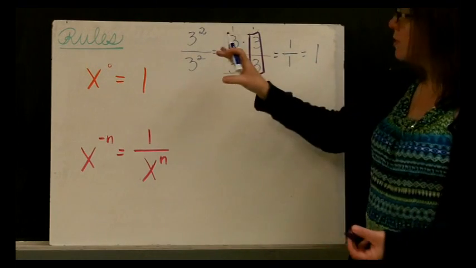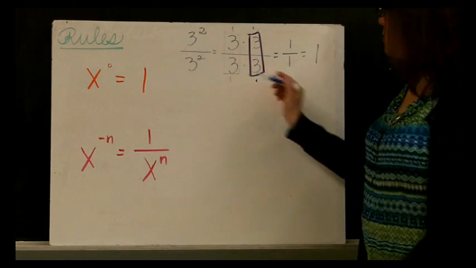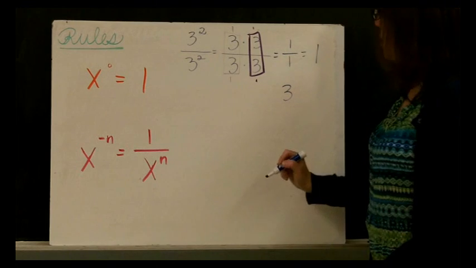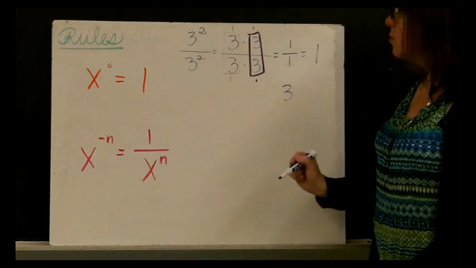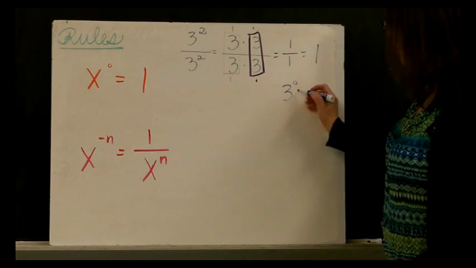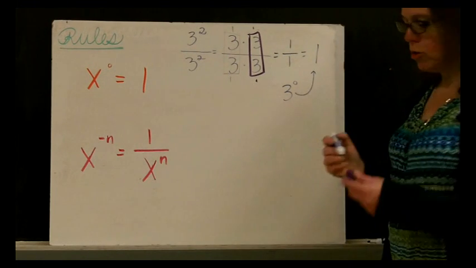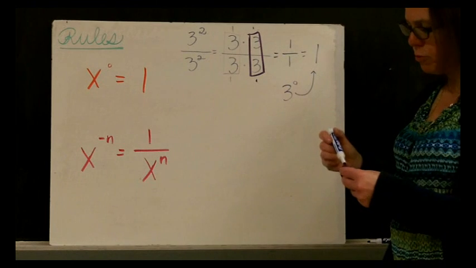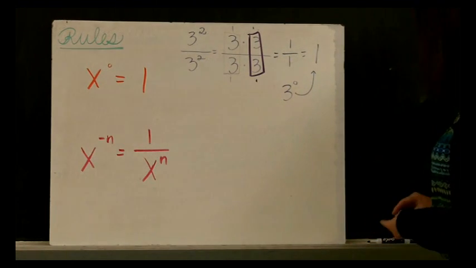So before, when we did the shortcut, where we kept the base 3 and subtracted the 2 exponents, 2 minus 2, which is 0, 3 to the 0 power equals 1. And I think the expanded form is a really good way to illustrate that.